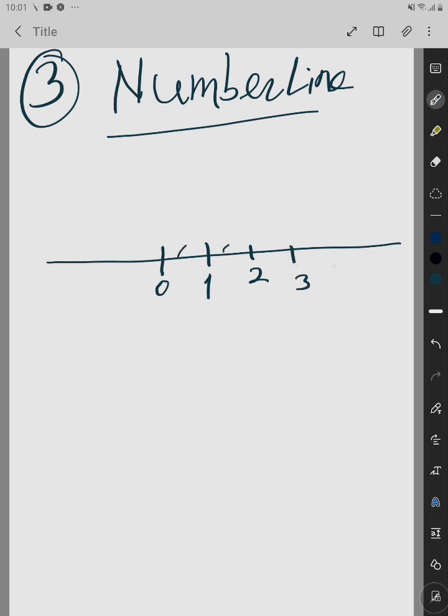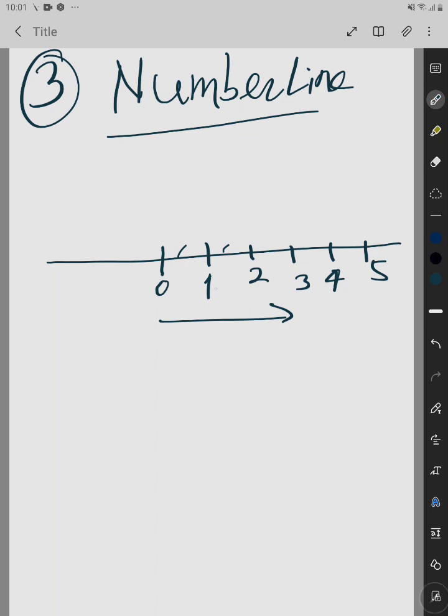So we will keep marking 3, 4, 5 and so on. Okay, so this is a number line. The number line also extends to negatives. We will talk about this later, but first of all you need to understand that it starts with 0.